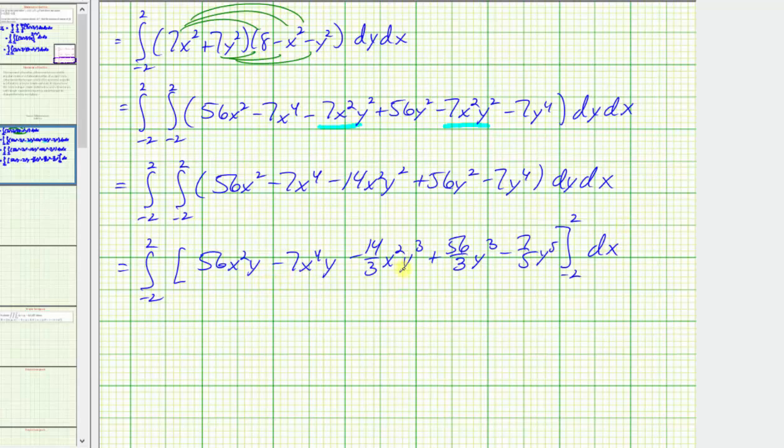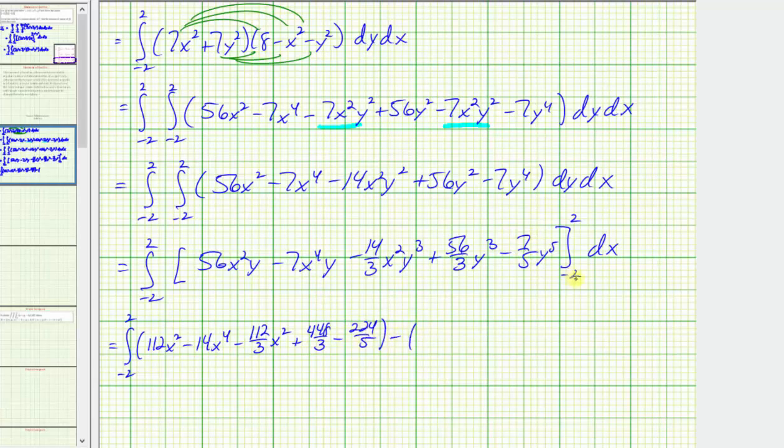Now we need to find big F of b minus big F of a by performing substitution for y. So substituting 2 for y gives us 112x squared minus 14x to the fourth minus 112 thirds x squared plus 448 thirds, and then minus 224 fifths.